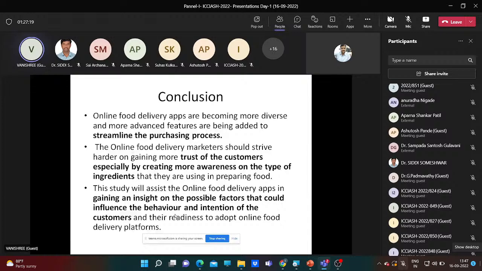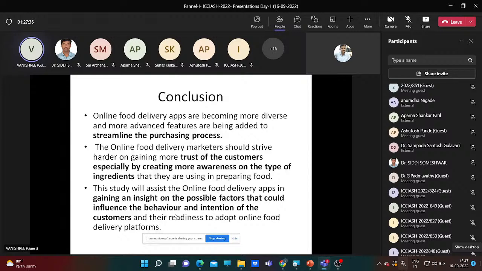Next, online food delivery marketers should strive harder on gaining more trust of the customers, especially by creating more awareness on the type of ingredients that they are using in preparing the food. Most of the time, we are not aware of the ingredients being used.